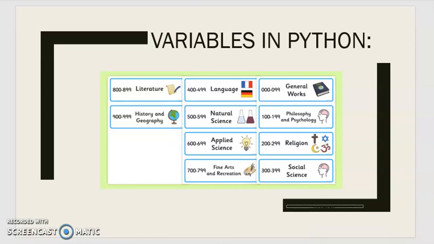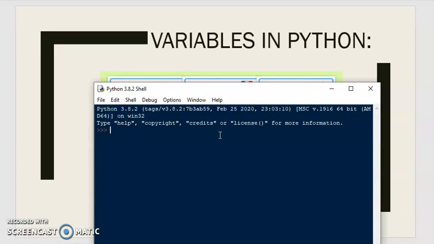Open the Python shell. So first of all we'll create a variable var equal to 2, var1 equal to 3. So we want these var and var1 to be multiplied. So what do we do? var into var1.